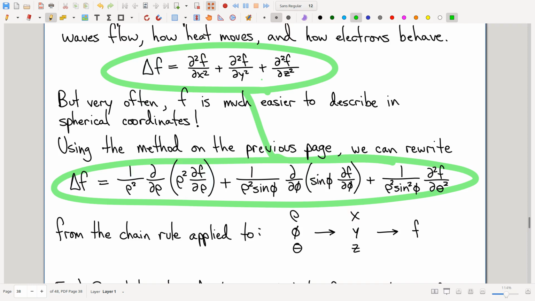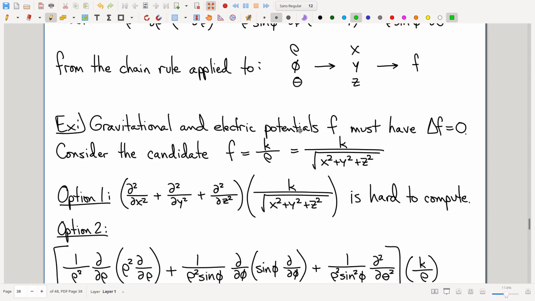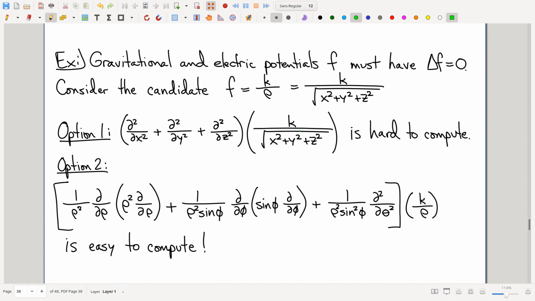Okay, still with the who cares. How does this help me? Here's how. Let's suppose you want to understand gravitational potentials. By the way, gravitational potentials come from gravitational fields, which we all know are relevant to the world we live in.